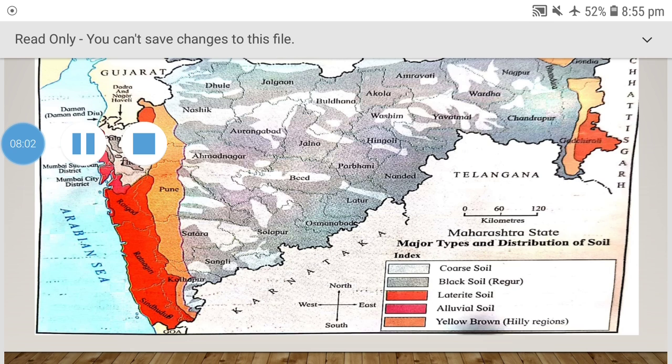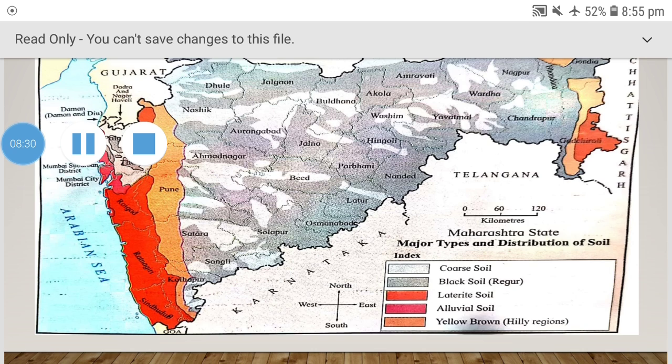Alluvial soil means the soil which is left out by the rivers. With the flow, some of the soil is left out, and plus the earthy soil, the earth soil, gets mixed up and forms alluvial soil. So this soil is only in the small areas covered towards the Konkan areas.